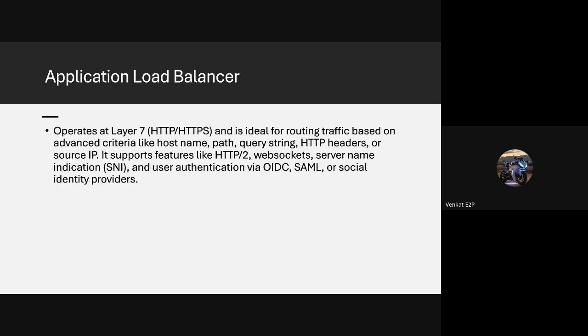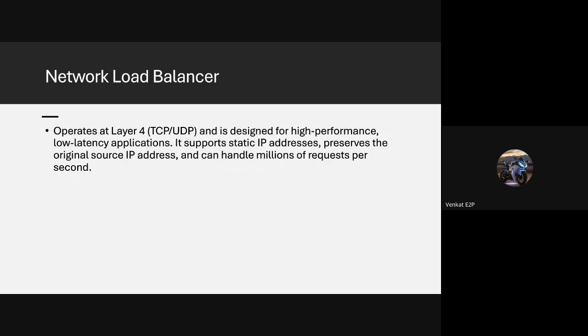And coming to the network load balancer, this operates with TCP or UDP, and it is designed for high performance. It is best suited for load balancing of TCP traffic where extreme performance is required.